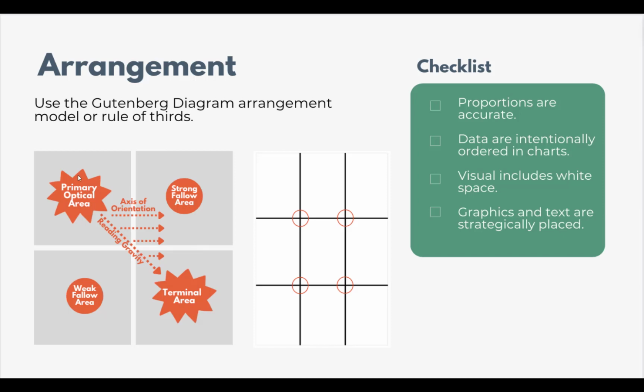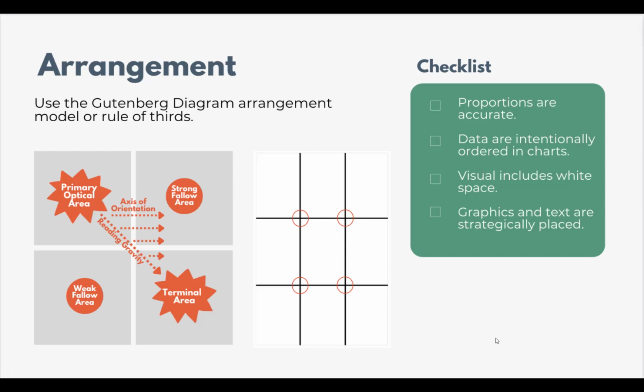So your most important first hit should be over here in the top left. And your other primary visual should be in your bottom right. A strong fallow area is up here on your top right. It's how folks read down. And then probably your least important information is down here in the bottom left, because that's the last place that your eyes are going to go.